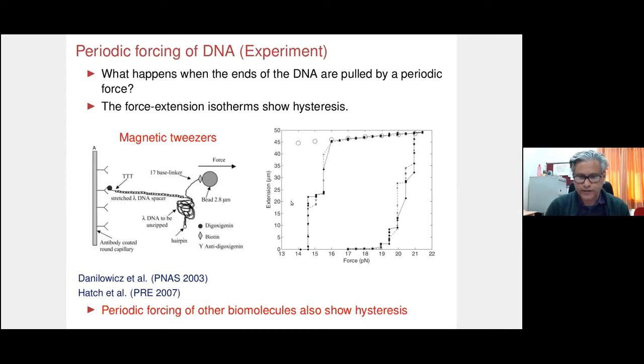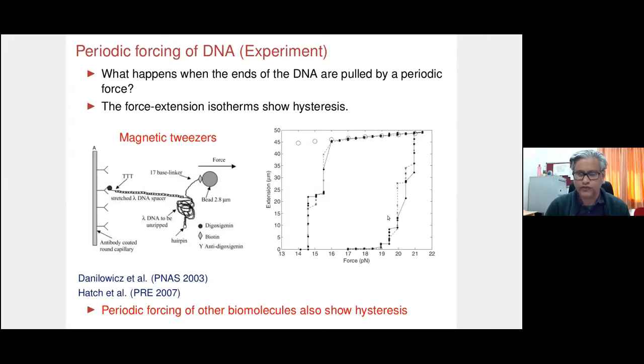What they found is, they increase the force gradually and measure the distance between the two strands. As you increase the force, the extension increases, reaches some maximum, and then comes back.